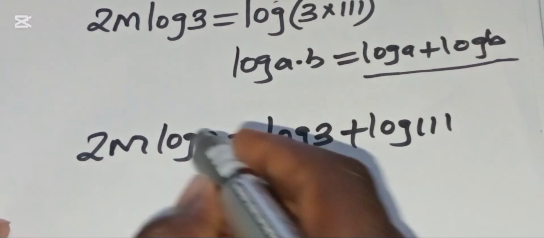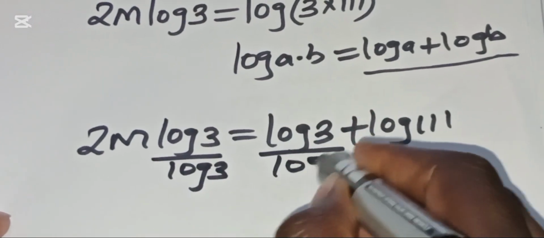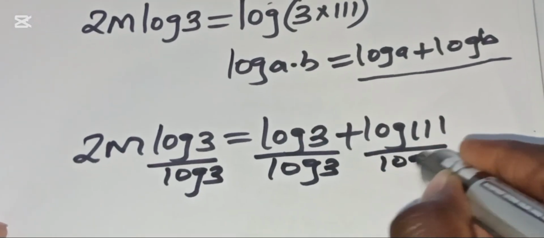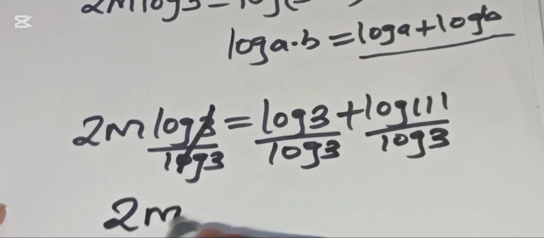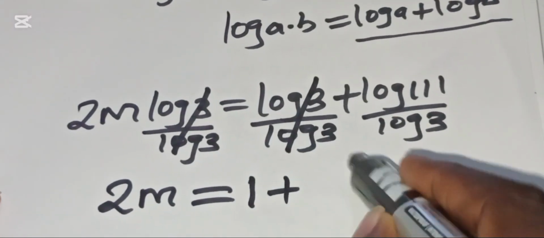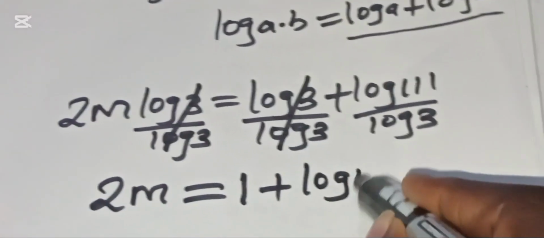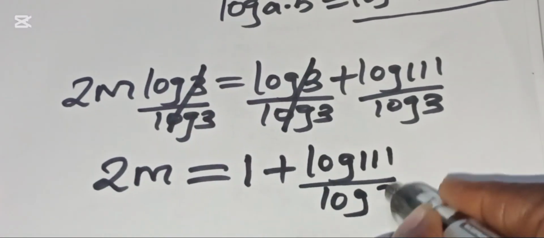We divide both sides by log 3, so that if you simplify, we have 2m equal to 1 plus log 111 divided by log 3.